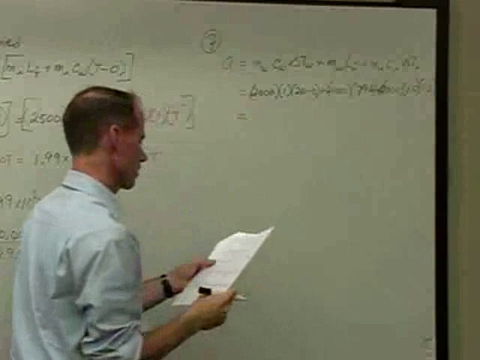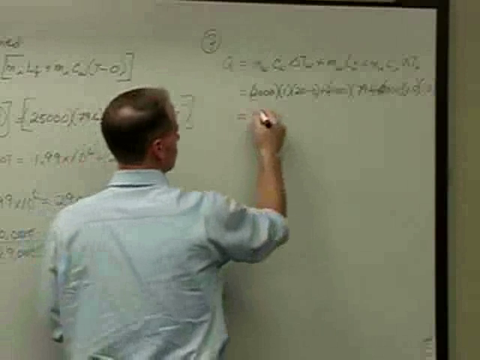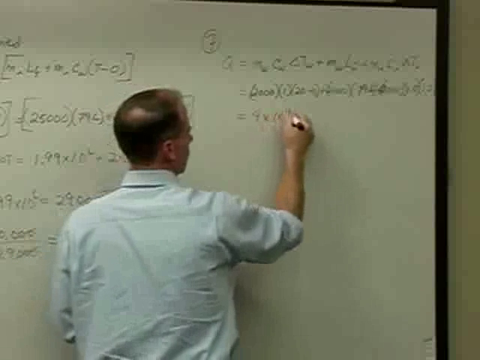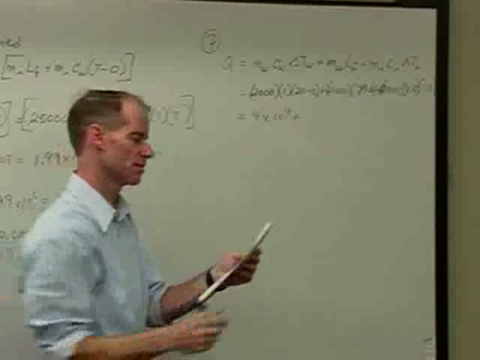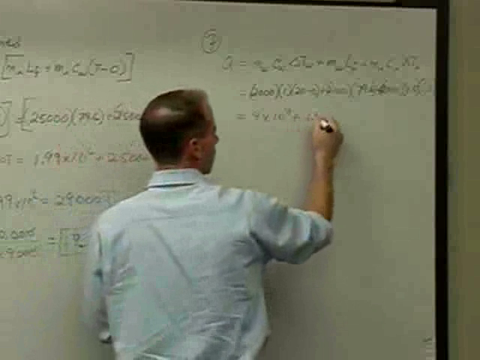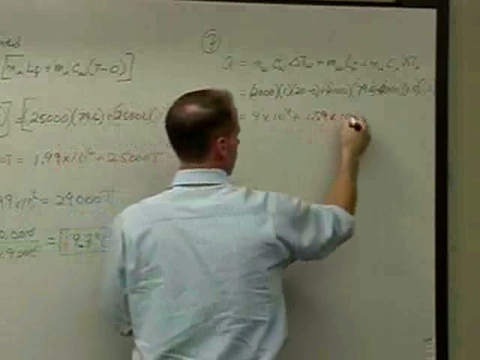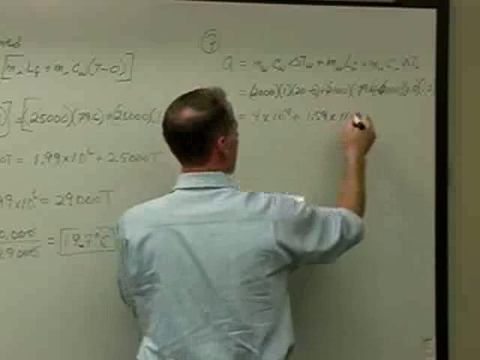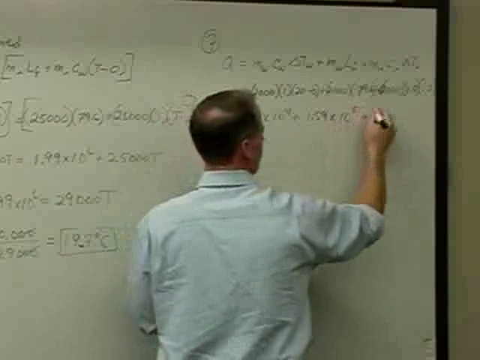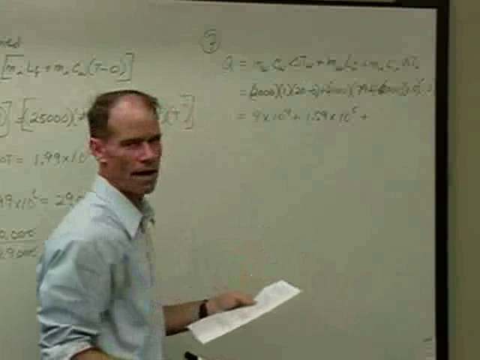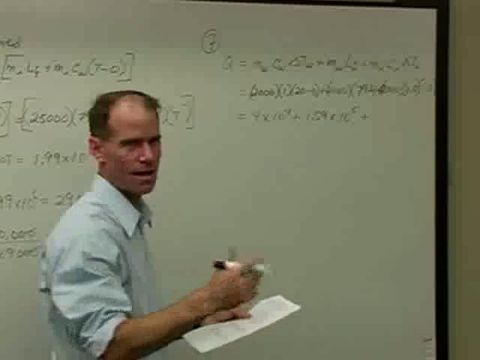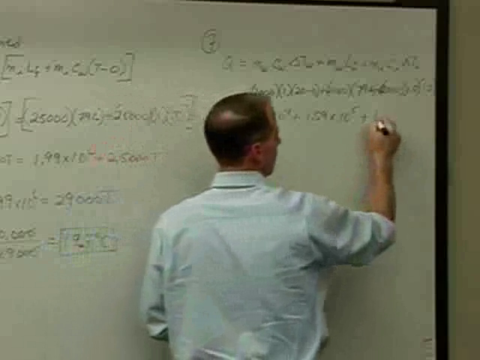So these numbers are, this will be 4 times 10 to the 4, plus 2,000 times 79.6 gives us 1.59 times 10 to the 5, plus 2,000 times 0.5 times 10 is 1,000 times 10, or 10 to the 4.